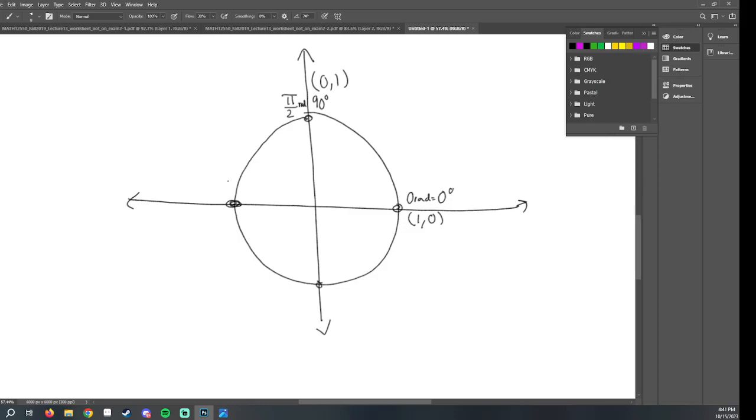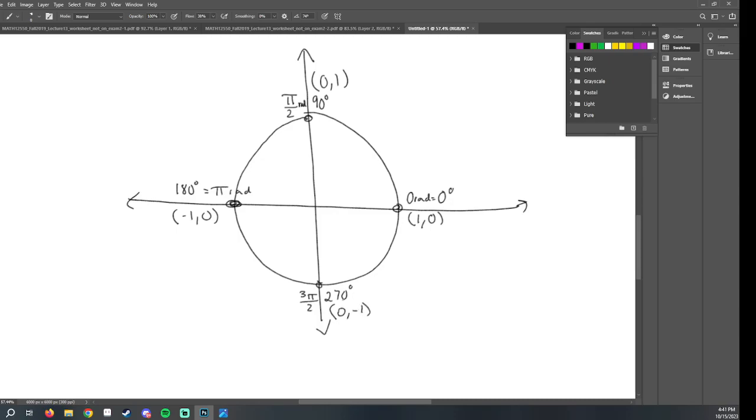Now over here, we've got pi radians, which is the same thing as 180 degrees, and this point's coordinates are -1, 0. Over here, we've got 3 pi over 2 radians. This is 270 degrees, and the coordinates of this point are 0, -1.